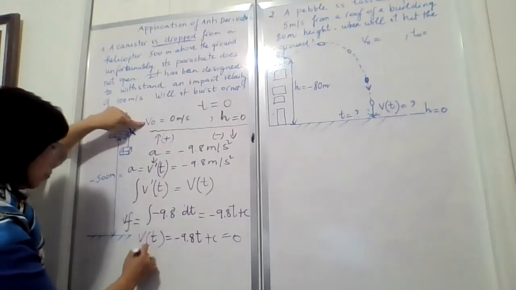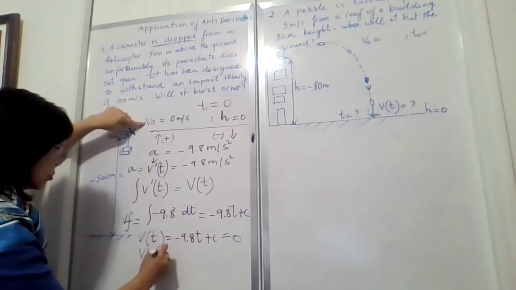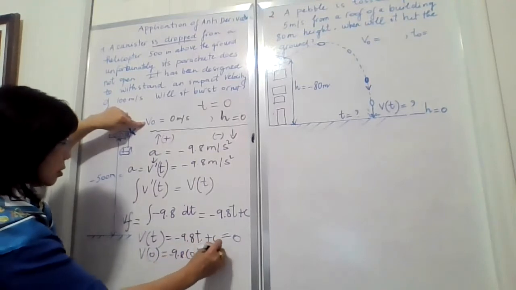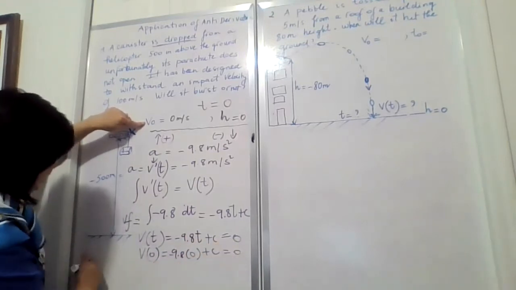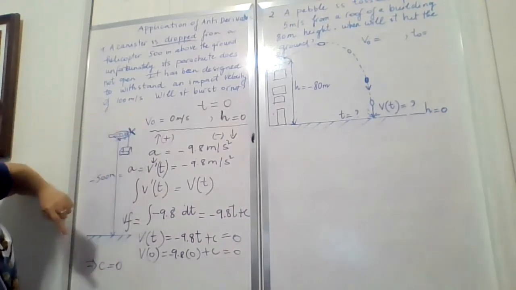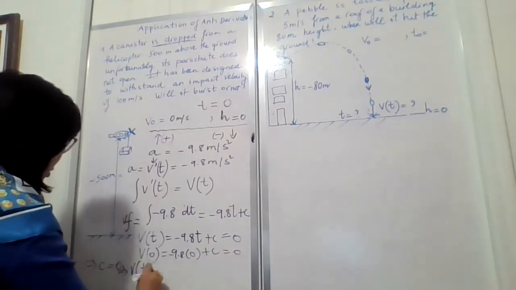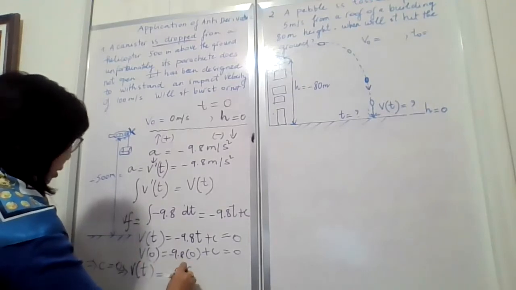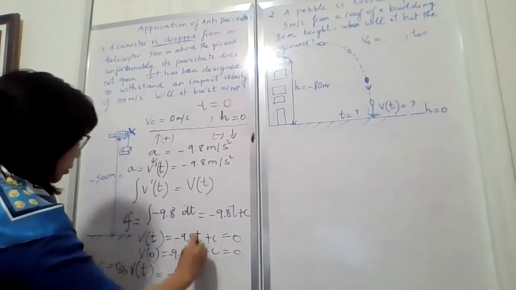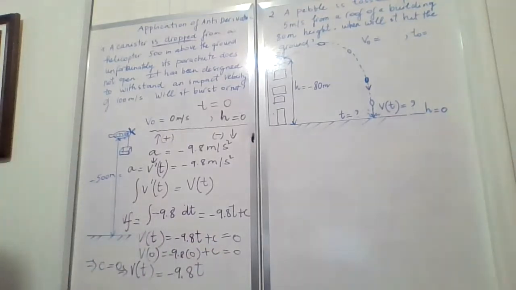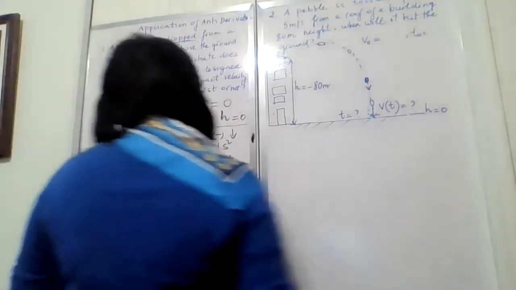Now if we substitute t equals 0, we get minus 9.8 times 0 plus c equals 0. That tells us c also equals 0. So now we have an equation v(t) equals minus 9.8 t. The c is 0, so we don't need to state it here.